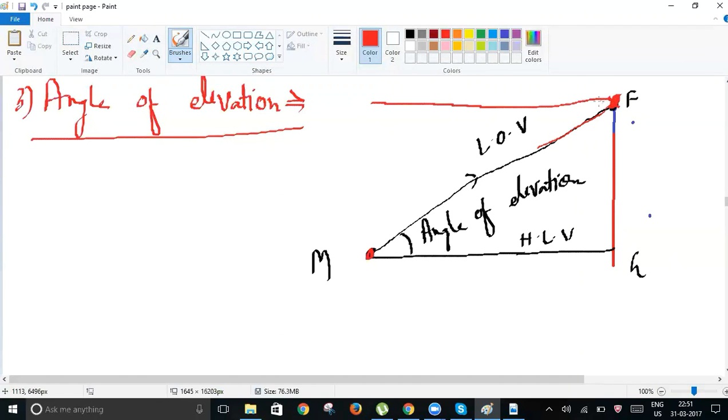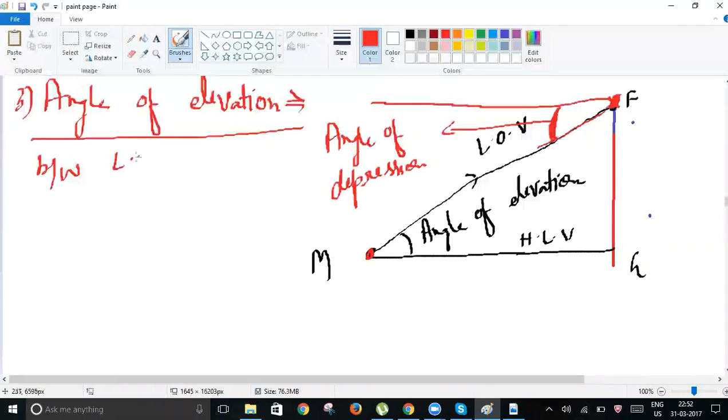But now horizontal line of vision will move like this. And you see there is an angle formed between line of vision and horizontal line of vision. This angle is called angle of depression.